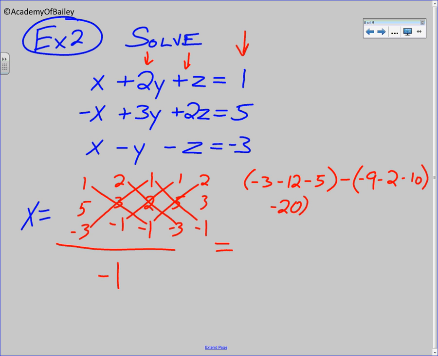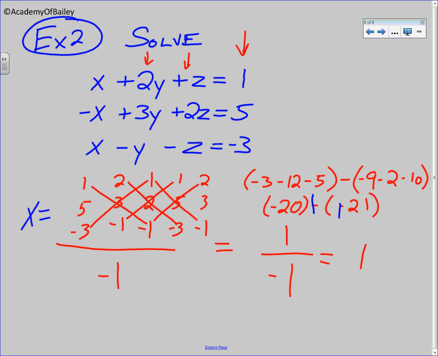And then we're going to subtract whatever's in the second parentheses, which happens to be negative 21. Subtracting a negative means that we get to add those two. Negative 20 plus 21 should give you a positive 1 over top of negative 1, which the answer then for x is positive 1.